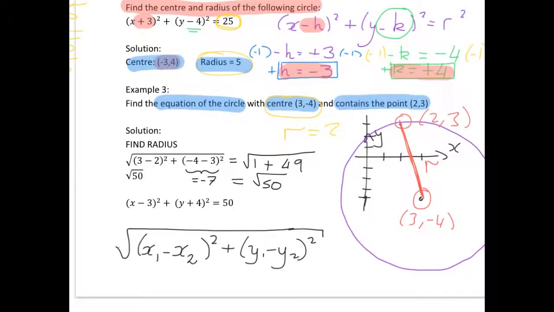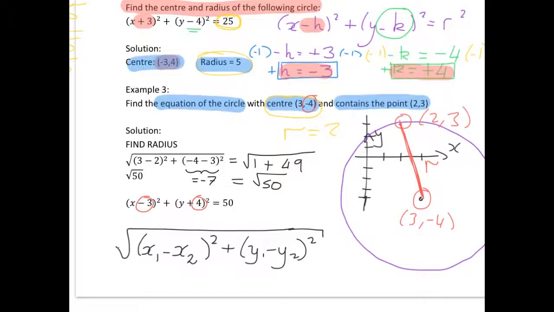Then we can just fill in our formula as before. Our h is 3, so it's minus h, so x minus 3 squared, plus y plus 4, because our k in this case is -4.